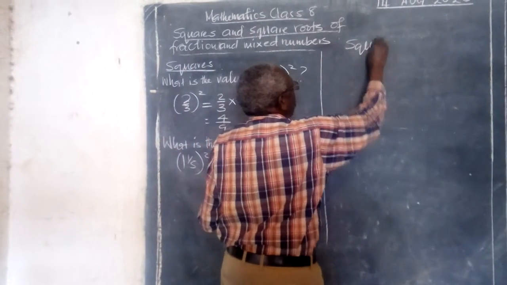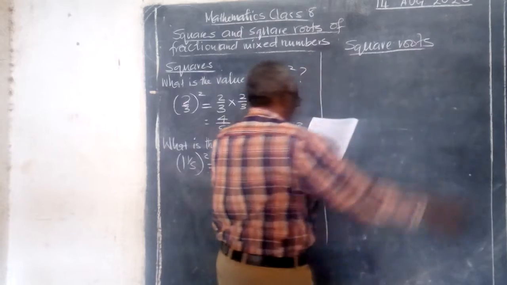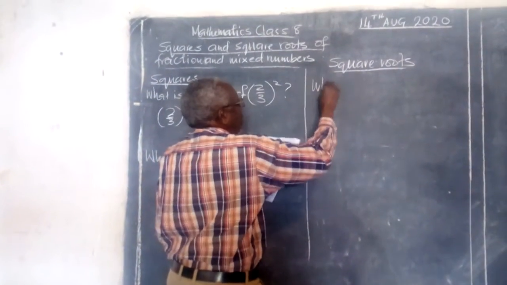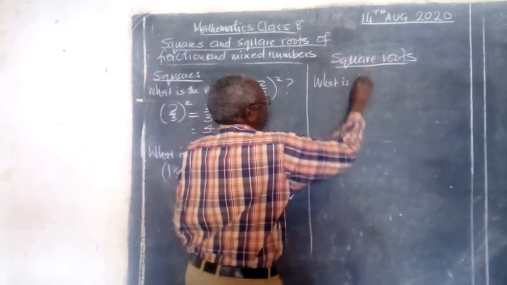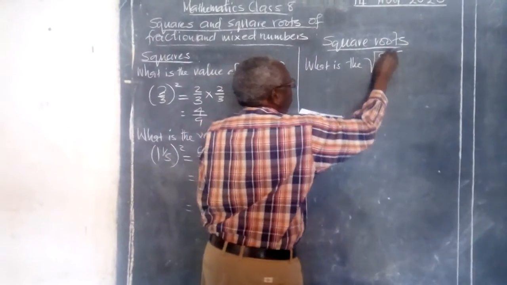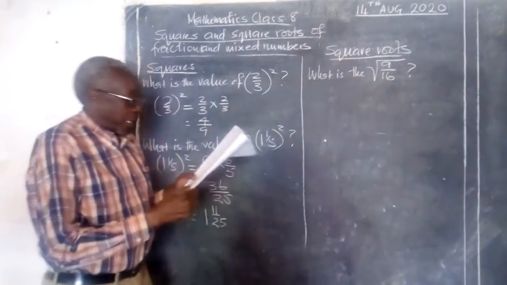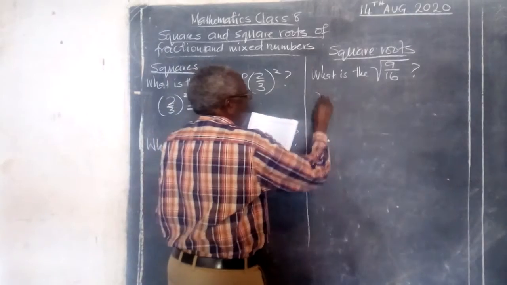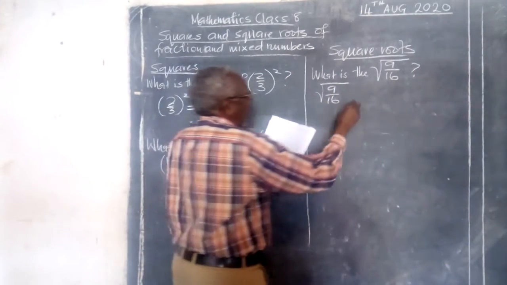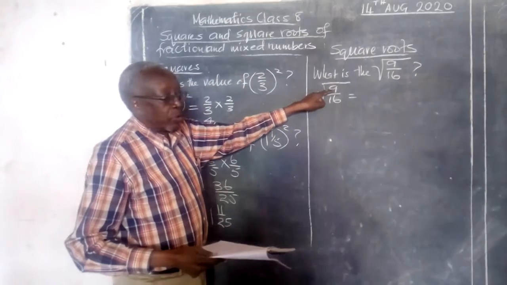Let's have a look at square roots. Now, the first example here will be, what is the square root of 9 over 16? And the solution is the square root of 9 over 16 will be equal to, what is the square root of 9?